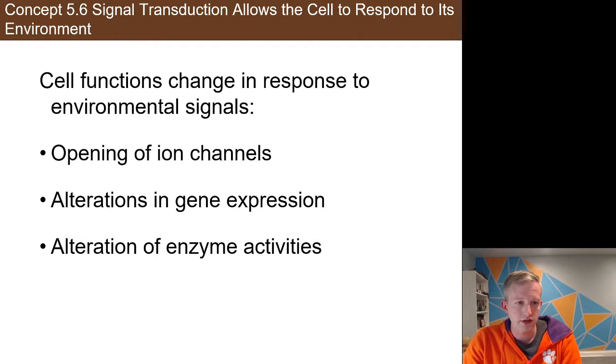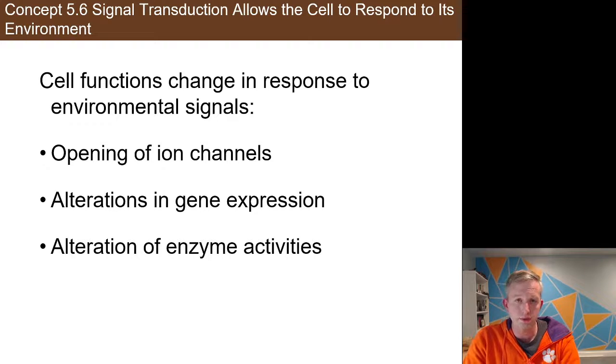Cell functions change in response to environmental signals all the time, not just hormones, but also when ion channels open: sodium, potassium channels, chlorine channels, calcium channels. All of these things can lead to a response inside of the cell, which can drastically alter the functions of different proteins inside of the cell.